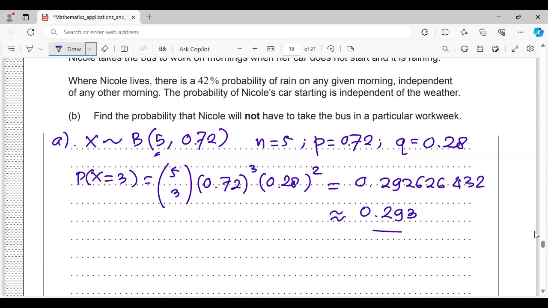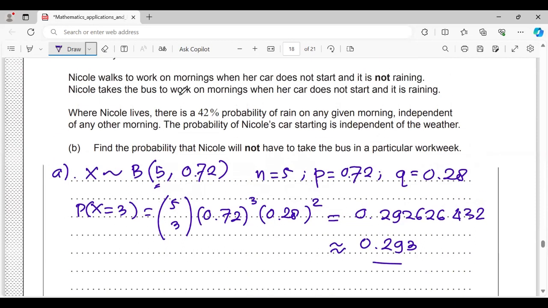Next, B. Nicole walks to work on mornings when her car does not start and it is not raining. It does not start, and that day it is not raining. Nicole takes the bus to work on mornings when her car does not start and it is raining.